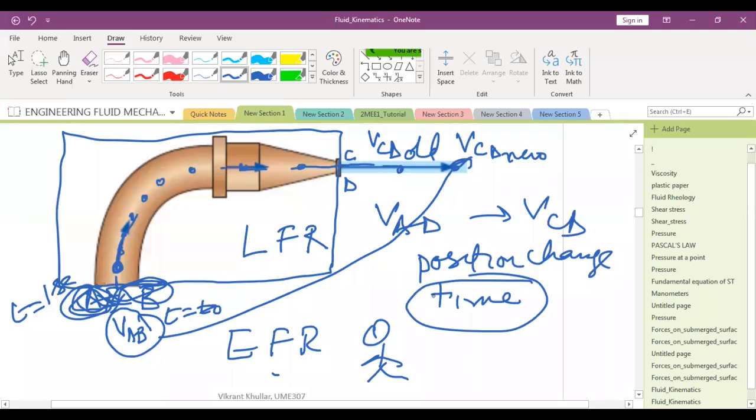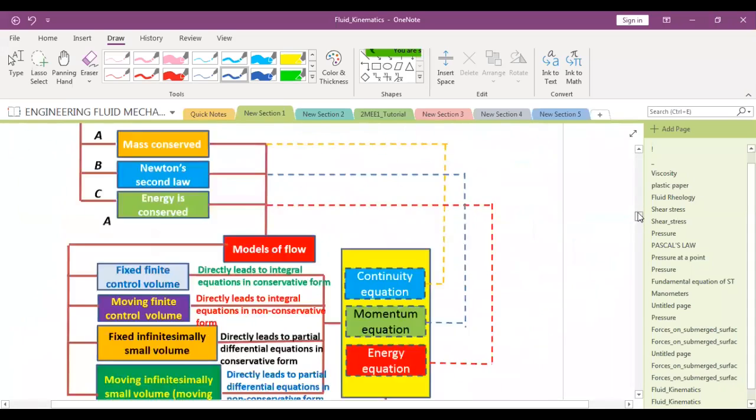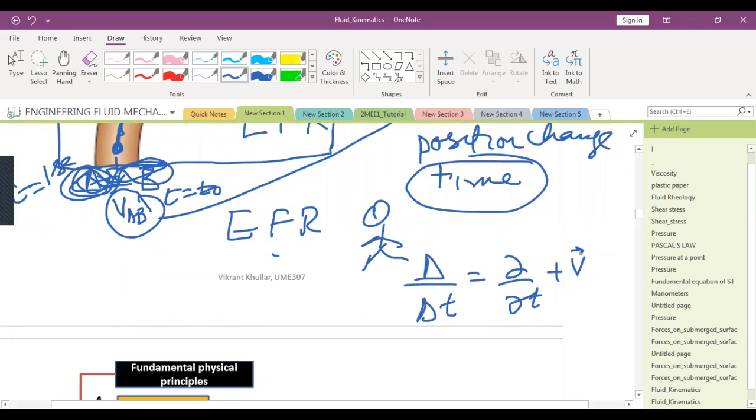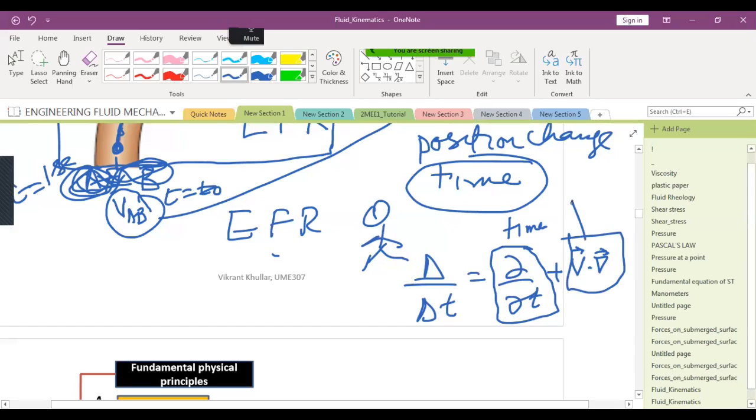Okay. And please remember, these are the only two terms. So when I say D by Dt, I represent this by Dt, and I say curly del by curly del t, plus v dot del. So this is the change that has happened due to time, and this is the change that has happened due to its motion, its position.